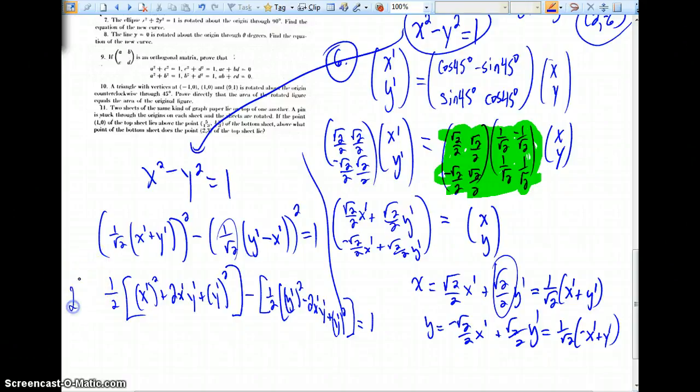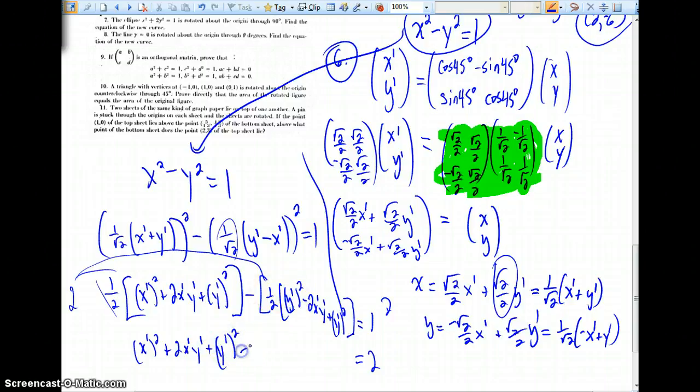If you multiply both sides by 2 and distribute, very simply, you'd get a 2 over here. That can get rid of the halves, make it a little bit nicer. Look, you've got x prime squared plus 2x prime y prime plus y prime squared, but you've got to distribute this negative: minus y prime squared plus 2x prime y prime minus, and this last term actually was an x prime squared.